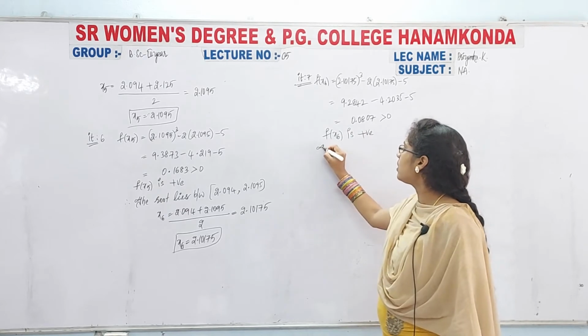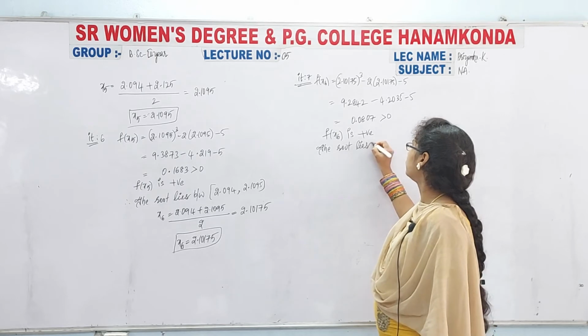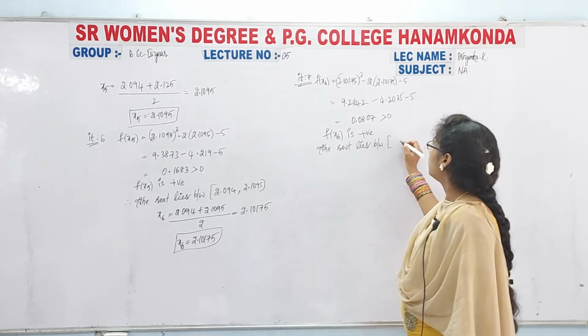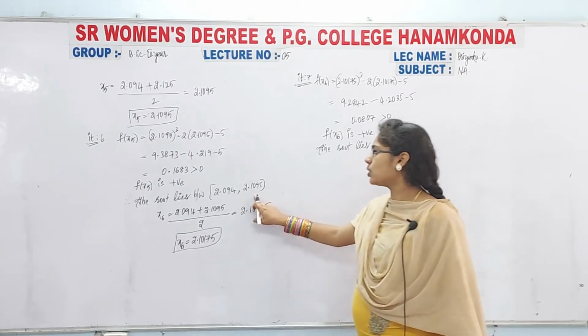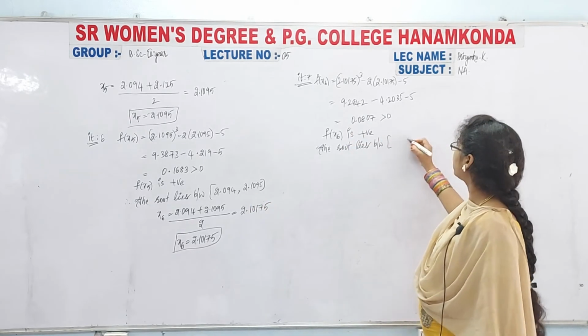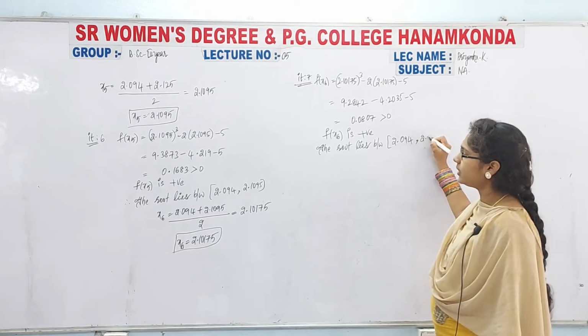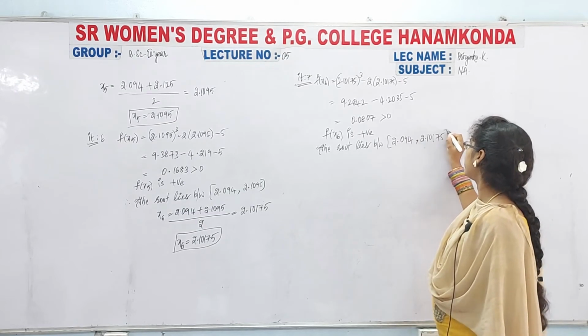What we have to do now? Therefore the root lies between. So it is positive and it is also positive, right? So that's why here simply we have to take 2.094 comma 2.10175.